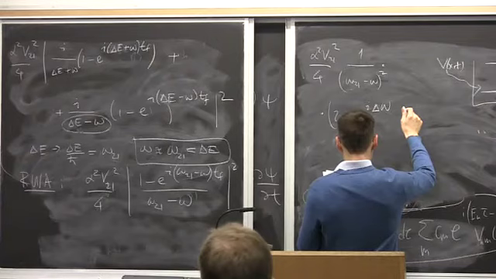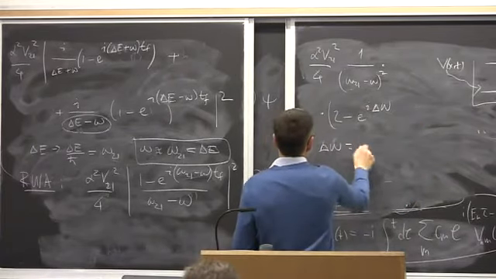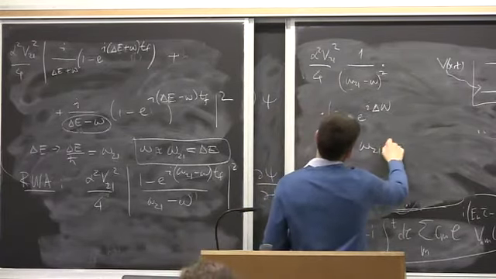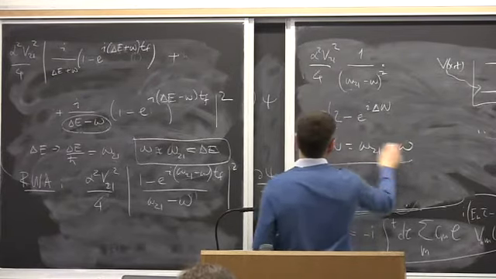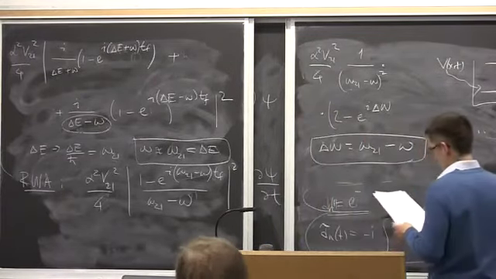And here I will introduce delta. Delta omega is omega 2, 1 minus omega. Okay. Short notation, delta omega.